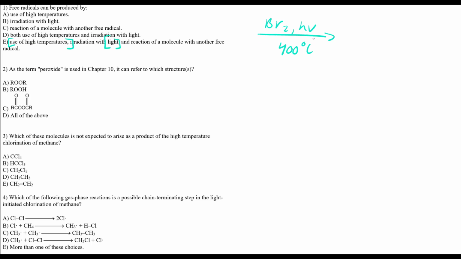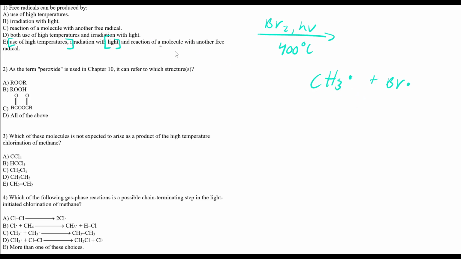and if you don't have anything like this, let's say that you're already doing a reaction and halfway through the reaction you see something like CH3 with an electron plus Br with an electron. Well, those two molecules, those radicals, can actually combine to make a product.